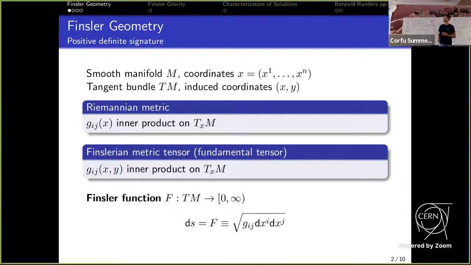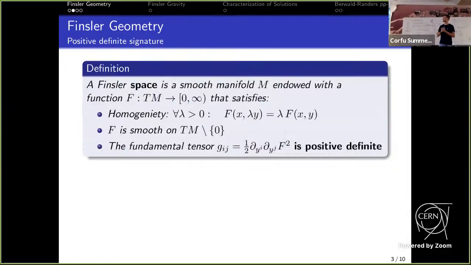This is what the definition of a Finsler space tries to answer. So a Finsler space is a smooth manifold endowed with a Finsler function, which represents the infinitesimal line element, that satisfies these three axioms. I want to go through each one of them.